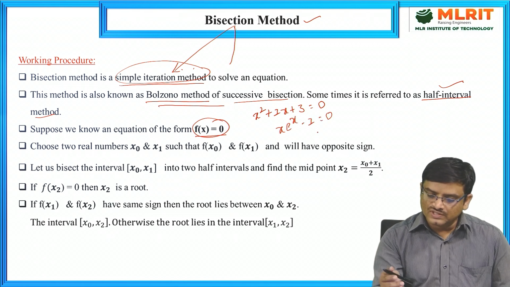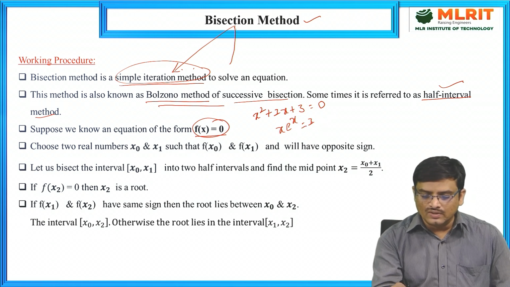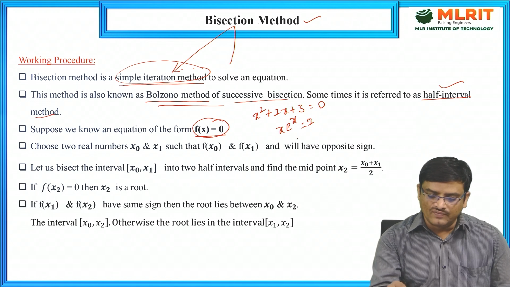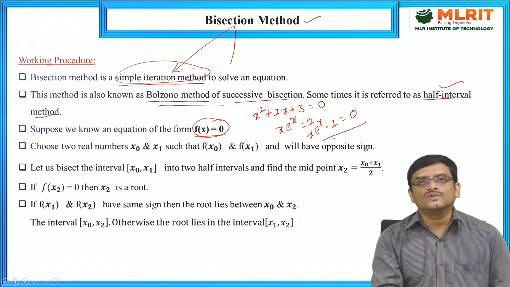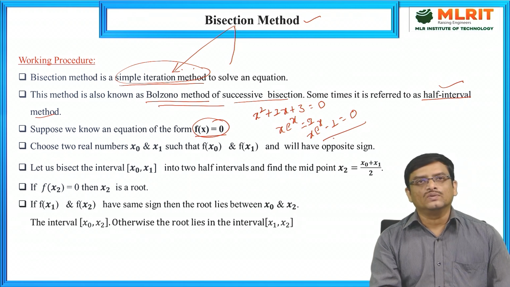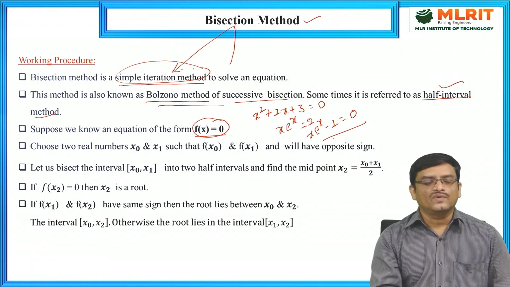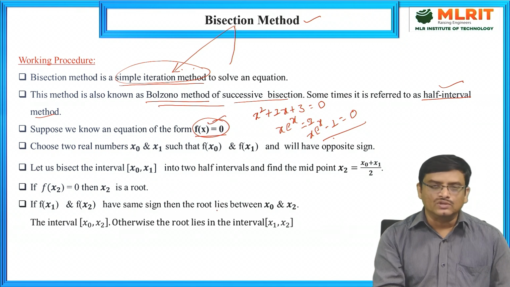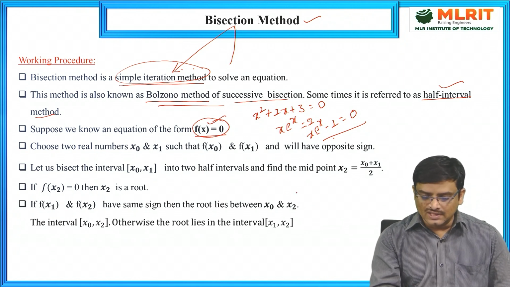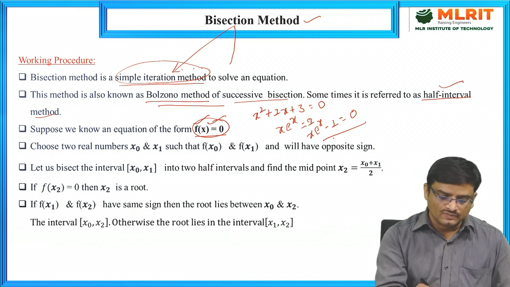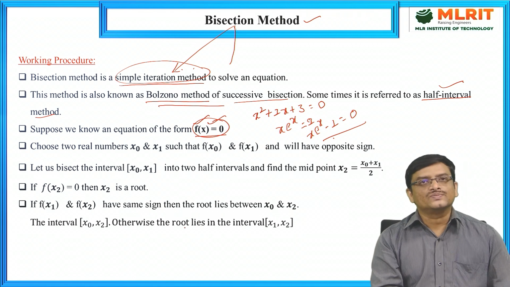If you have x into e power x is equal to 2, then we have to convert this into the standard form x into e power x minus 2 is equal to 0. This standard form is compared with f of x is equal to 0, and we get the value of f of x. That is the first step we have to do.